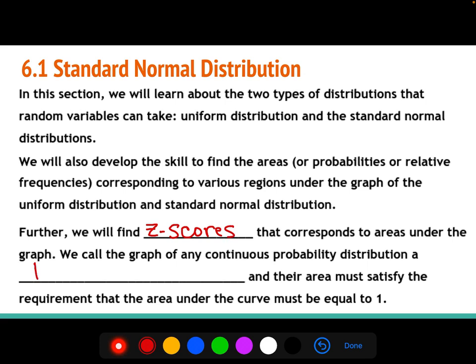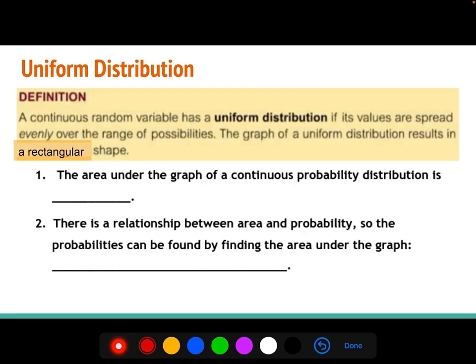We're going to call the graph of any continuous probability distribution a density curve. That's its official name. And its area is going to have to equal 1.